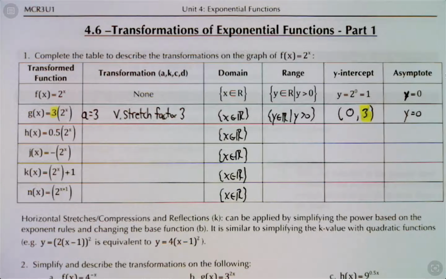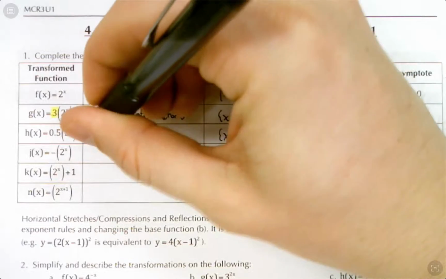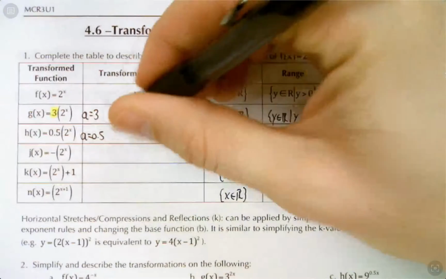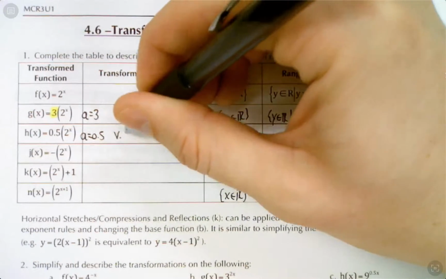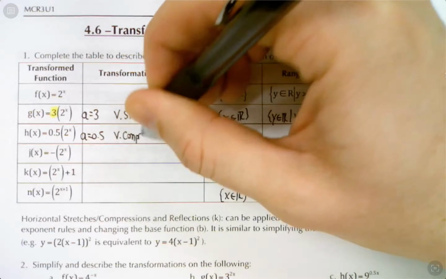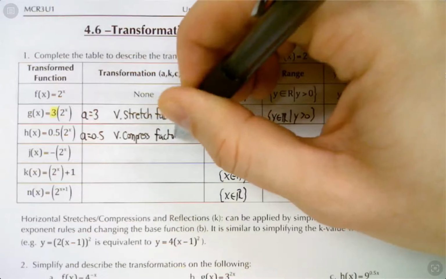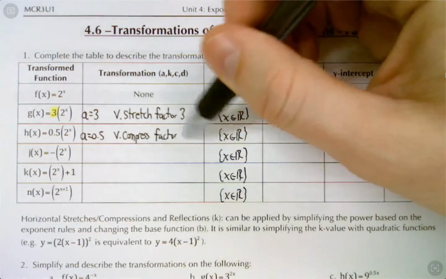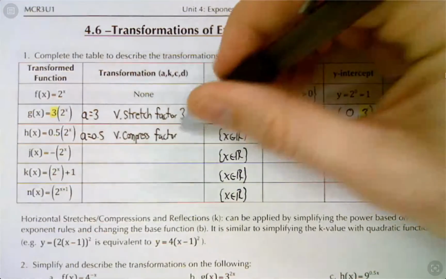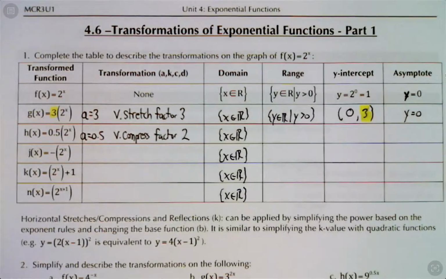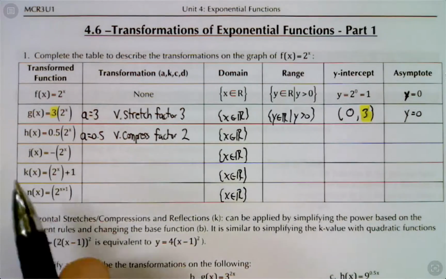What if we make the a value a number less than 1, like 0.5? Well, in this case, it would be a vertical compression. And the factor would be, well, since we have 0.5, we wouldn't write 0.5. We'd do 1 over 0.5, which is 2. So our graph would be compressed by a factor of 2.